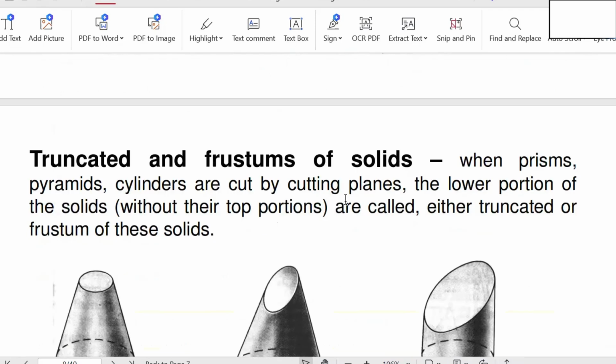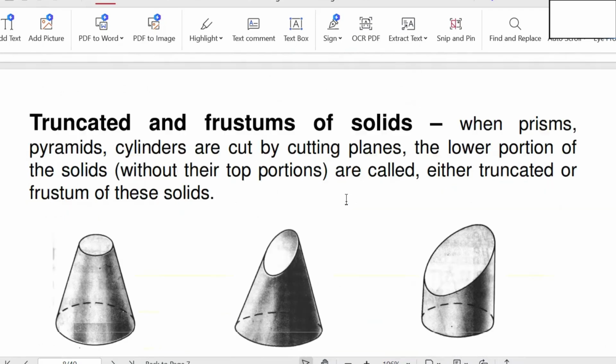The last one is truncated and frustum of solids. So what is frustum and what is truncated? You know about the different types of solids. It may be a prism, a pyramid, a cylinder, a cone, or any type of solid.